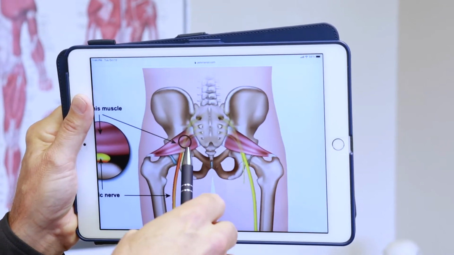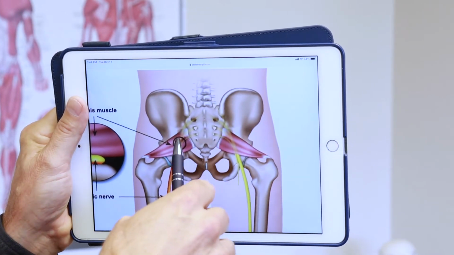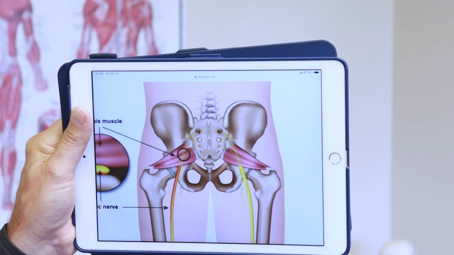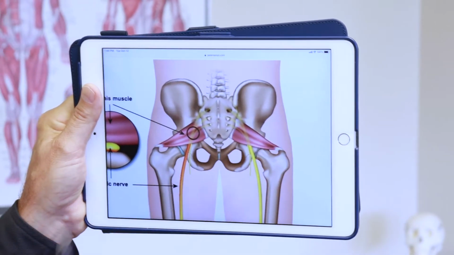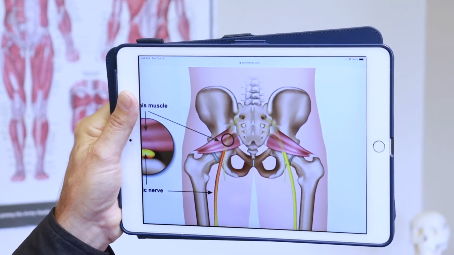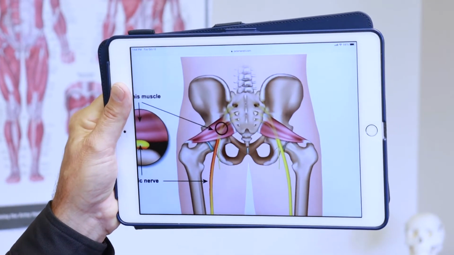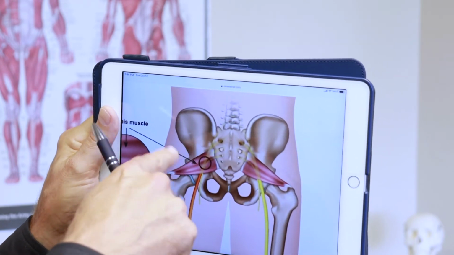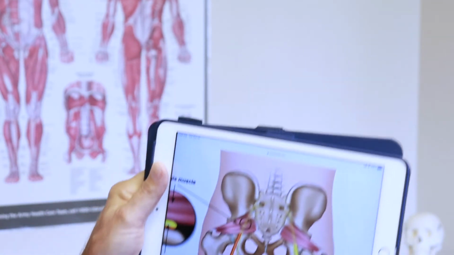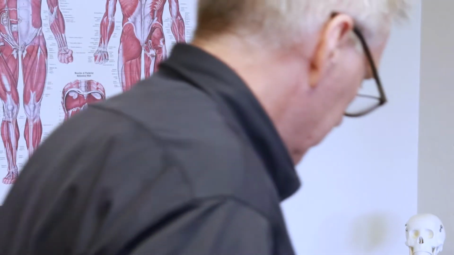In some rare cases, this sciatic nerve actually runs through the piriformis muscle. In other cases, it runs adjacent to it, and tightness and spasm or guarding of that piriformis muscle can irritate and facilitate the sciatic nerve, which will give you pain down the leg. So one way you can assess that is by stretching the piriformis muscle.